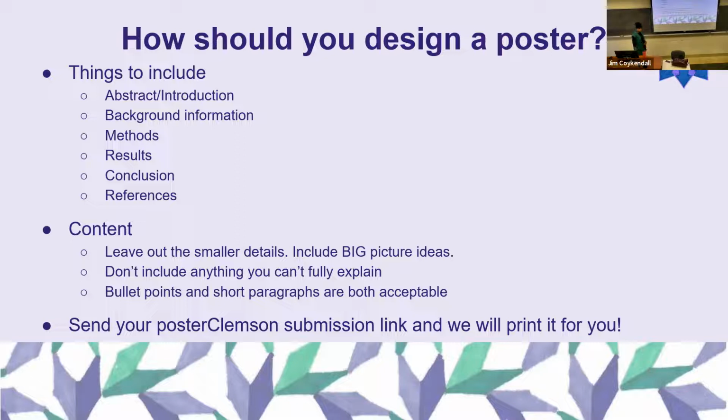So I did talk about content a little bit, and I mentioned that you want to show the big picture, right? You want to talk about your main question, the big ideas, and leave out all the extra theory and details. You don't want too much on this poster. You want something to actually talk about as well. And you want something that captures the attention of others.